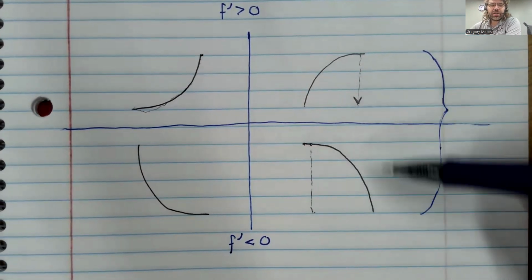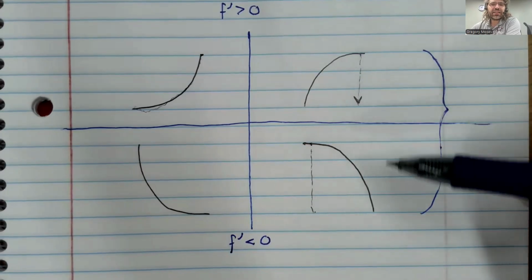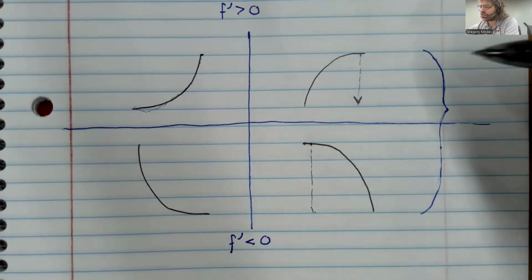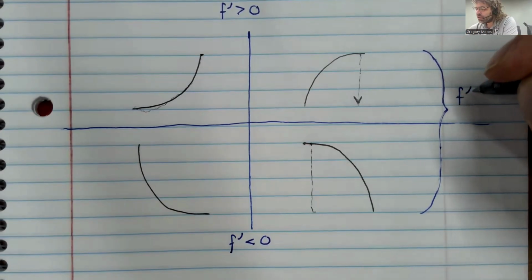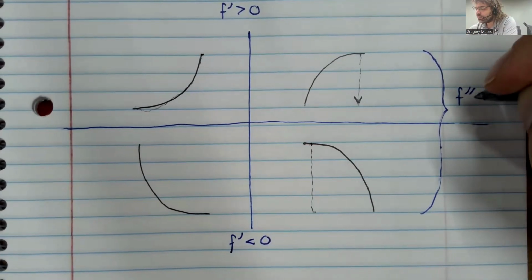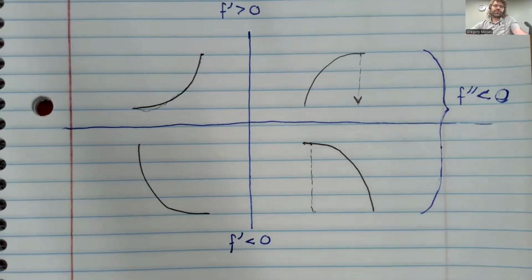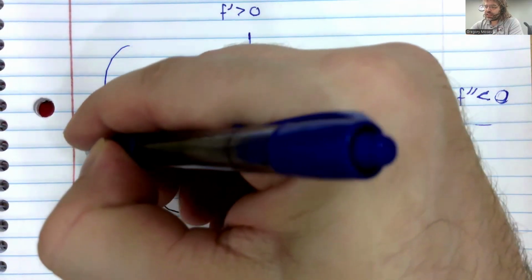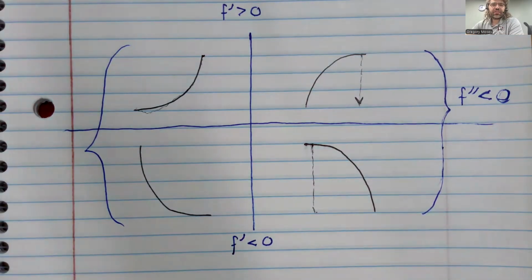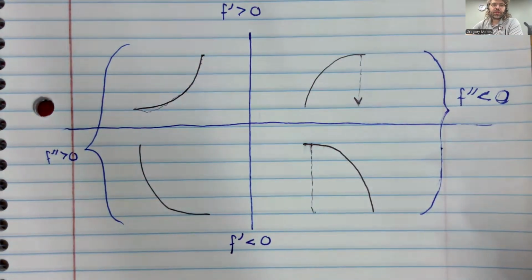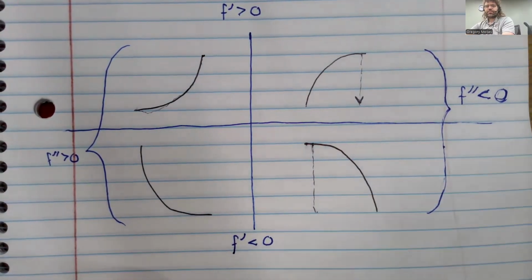In the two rightmost graphs, where the slide is upside down and you can't go down it, the second derivative is negative. In the left-hand graphs, where the slide is upright and you can go down it, the second derivative is positive.